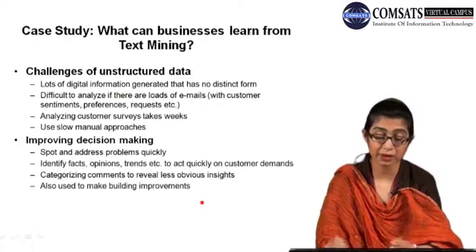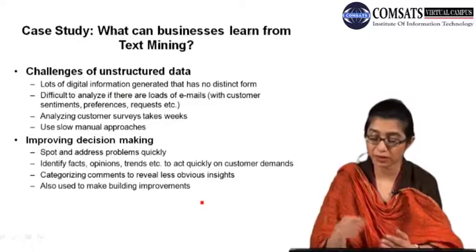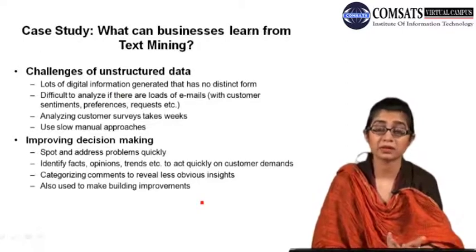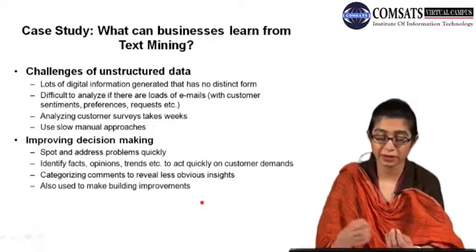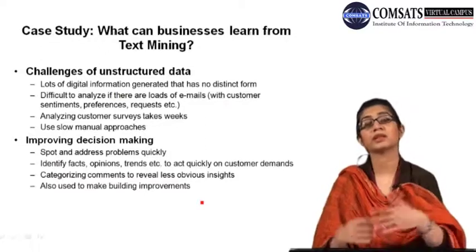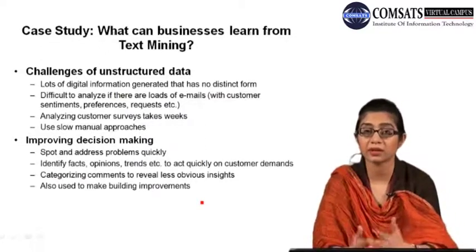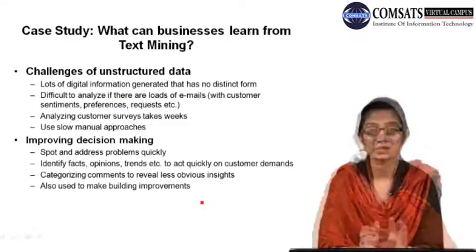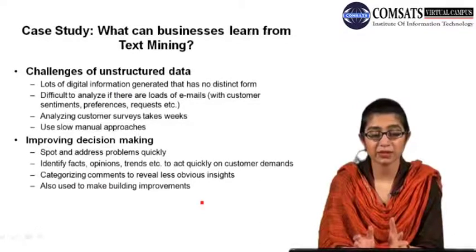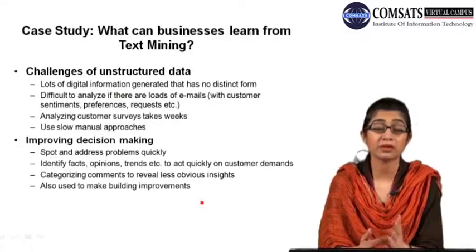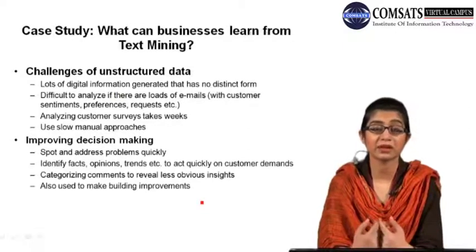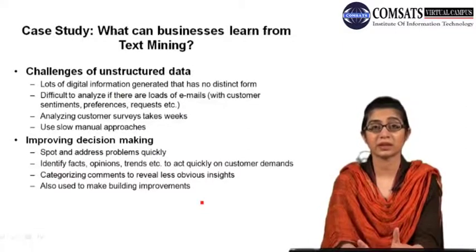It's difficult for one person to sit and manually write keywords, or for everybody to read the emails and then analyze them. It's going to be a very lengthy and manual process. So when there is so much unstructured data, it's going to be a slow and manual process to actually analyze the data.